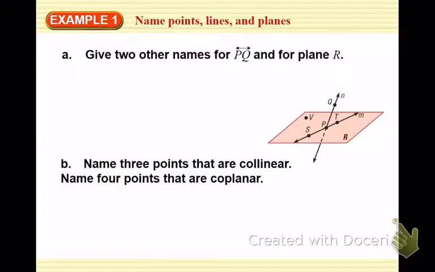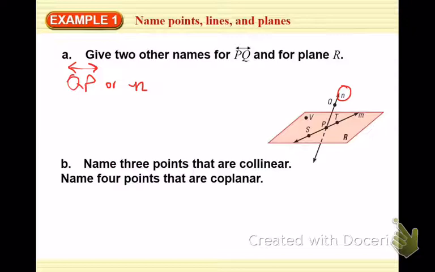All right, for line PQ, 2 other names for line PQ. We can actually just turn the points around and call this line QP. Or, if you look, there's a lowercase script n here, so we could also call it line N. For the plane, plane R is that pink plane there.